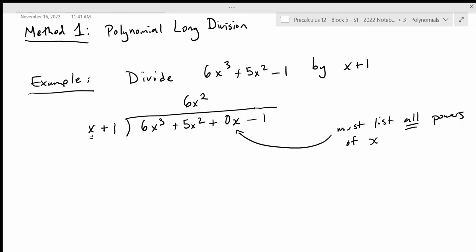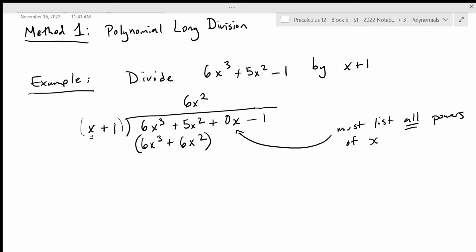Now we're going to multiply 6x squared times x plus 1 in brackets. So 6x squared times x is 6x cubed. 6x squared times 1 is 6x squared. And we're going to do a plus here because it was positive.